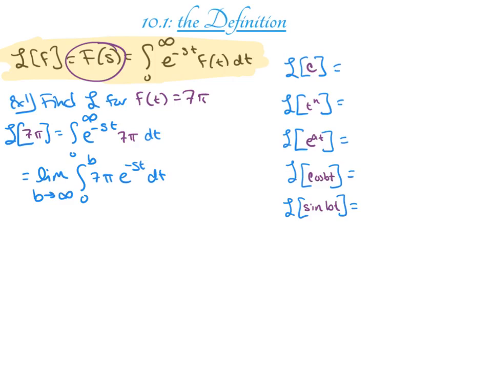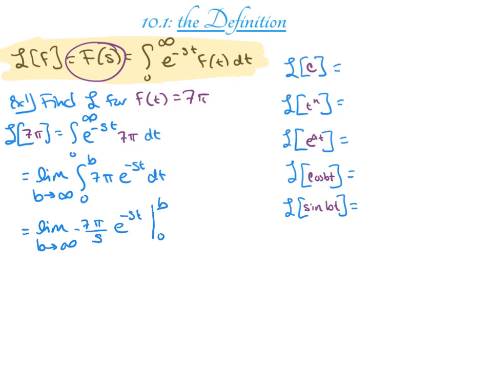Then we don't need the 7 pi in there, and the integral of e to the negative st is just a quick u sub. So without too much trouble, we should get the limit as b goes to infinity of negative 7 pi over s e to the negative st from 0 to b.